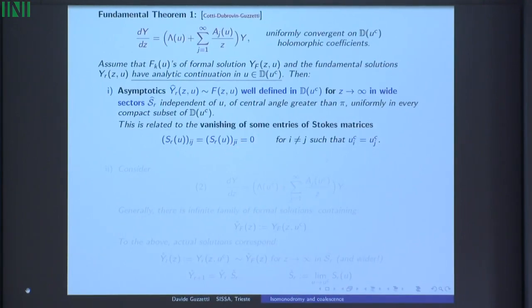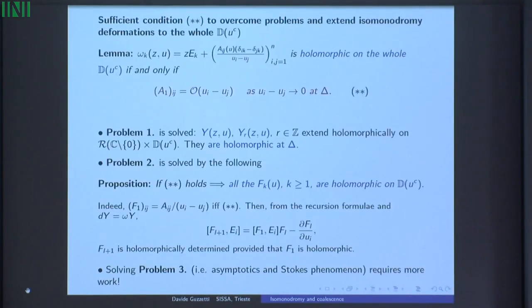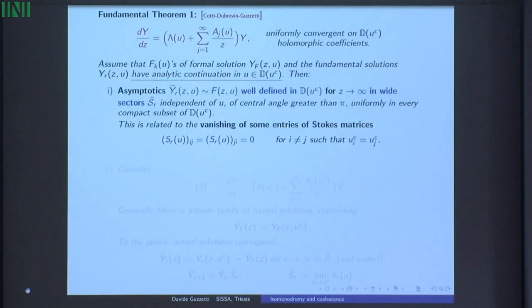So with only this assumption here, you can prove that the Stokes matrices, which for non-isomonodromic systems depend on u, actually have vanishing entries corresponding to labels I and J for which two coordinates are equal at the center of the polydisk.